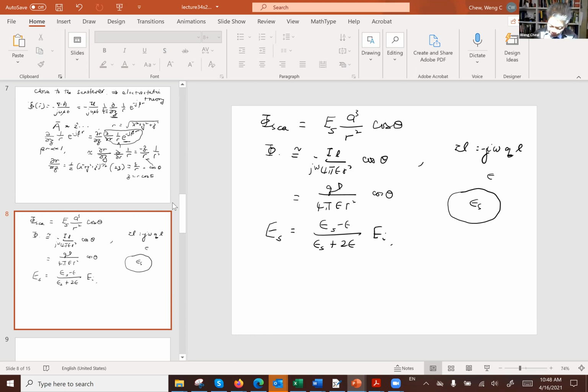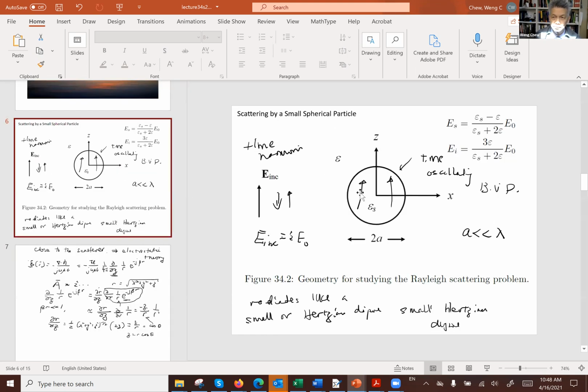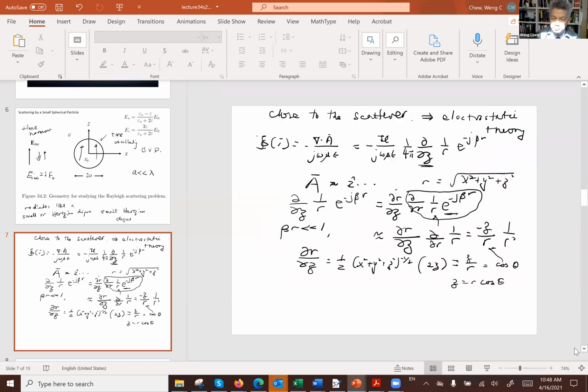Okay. Similarly, you can solve for the B coefficient inside the particle as well, which is the homework that you have done, and you can find that those solutions are given by these expressions over here.